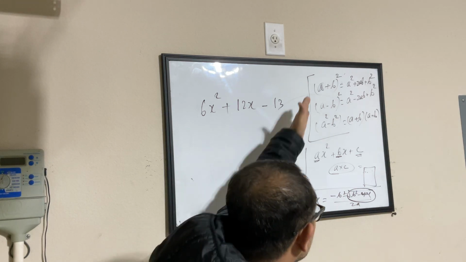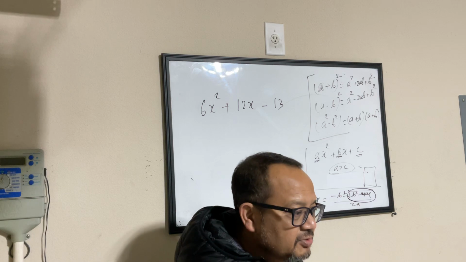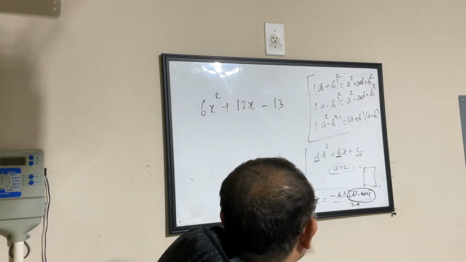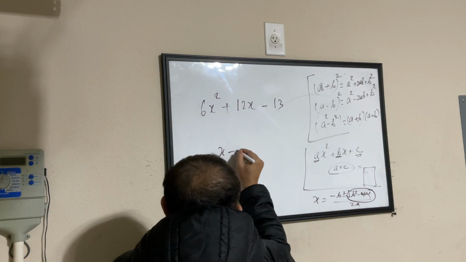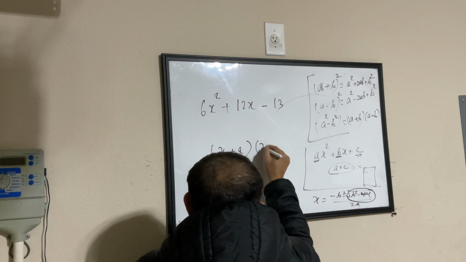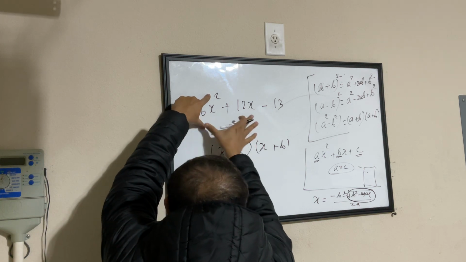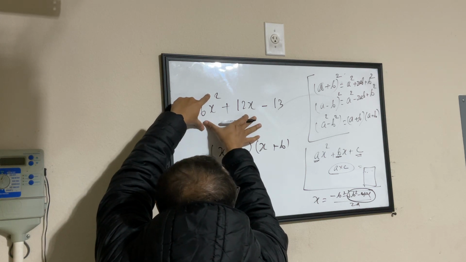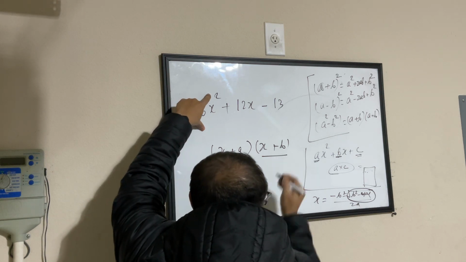You have to use one of the three techniques, whichever fits this scenario. Basically I want this to be converted into something like (x plus a) times (x plus b), because I have a quadratic expression, so the maximum I can have is two solutions.